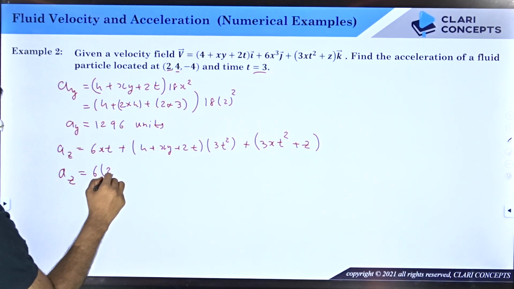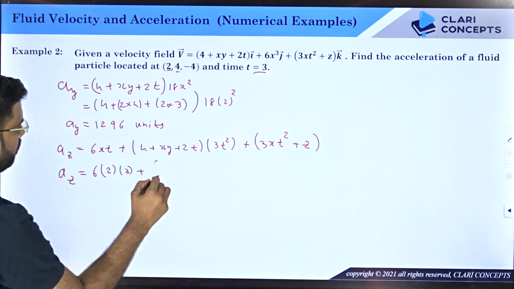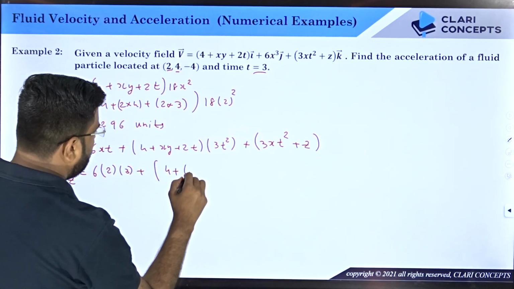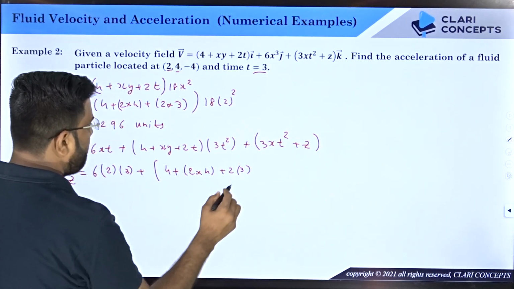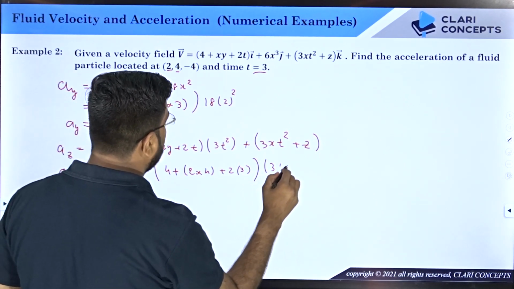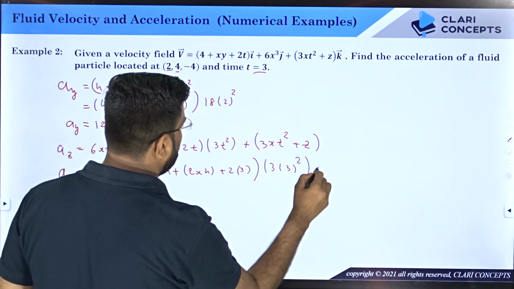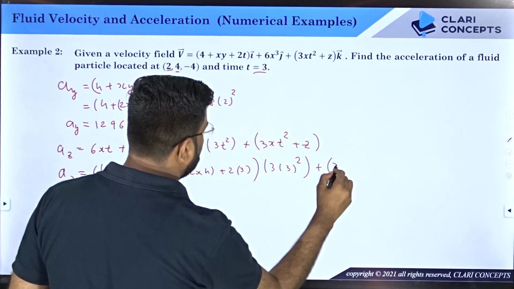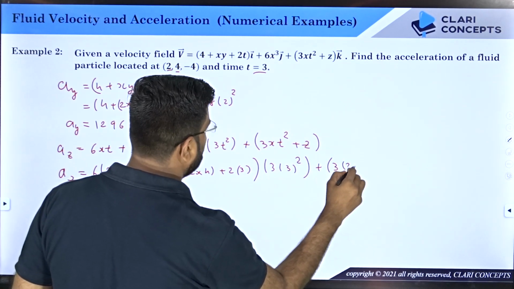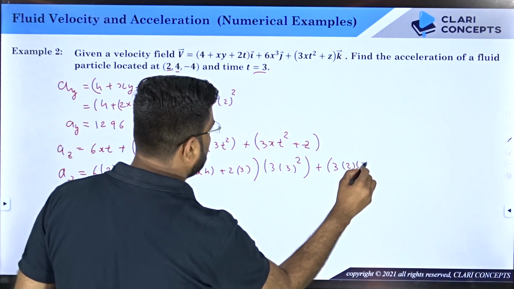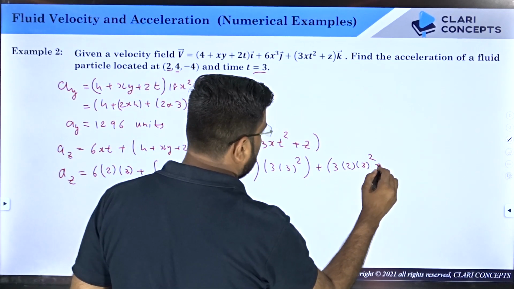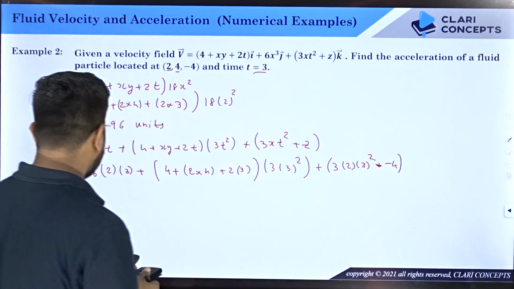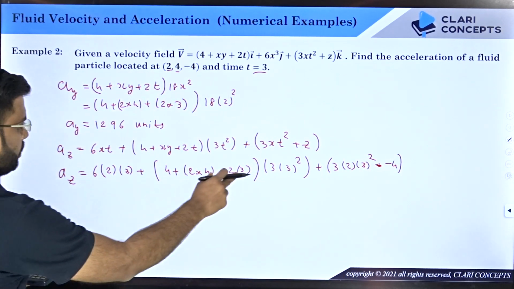X equals 2, time equals 3, plus 4 plus 2 into 4 plus 2 into 3, okay, into 3 times 3 square, plus 3 into x is 2 and then time is 3 square, plus z is equal to minus 4. So directly I will put minus 4. So find out the answer for this. First of all, I will solve this one.